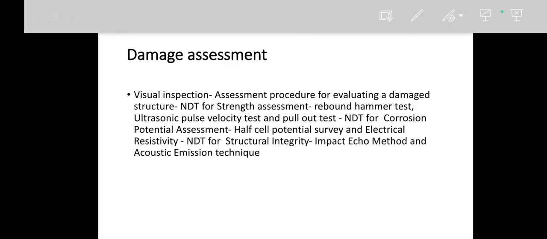Those things we saw in detail, and in this unit we will see the damage assessment: what procedure we have to follow to move on with the damage assessment, what the different NDT tests available to do this process are, and how to conduct a visual inspection. Everything we will look into in this chapter.